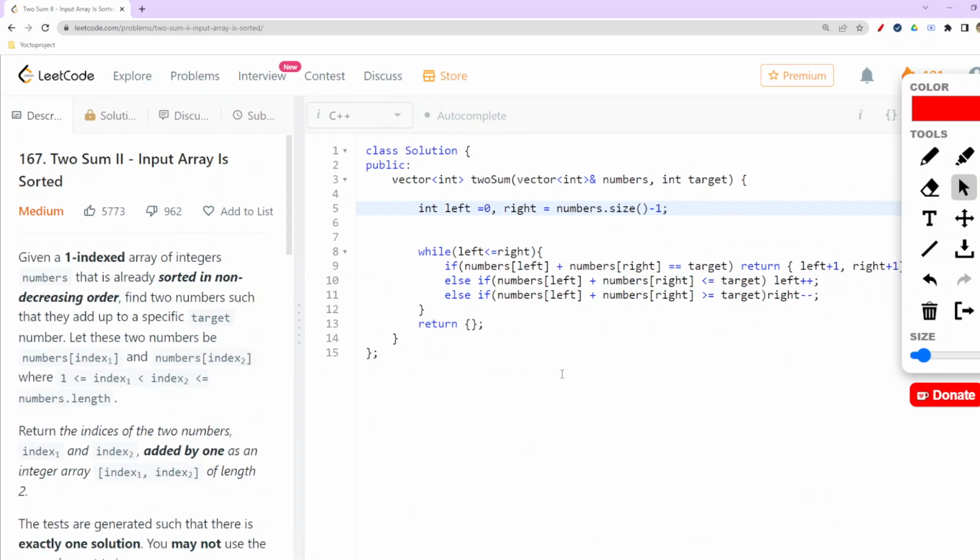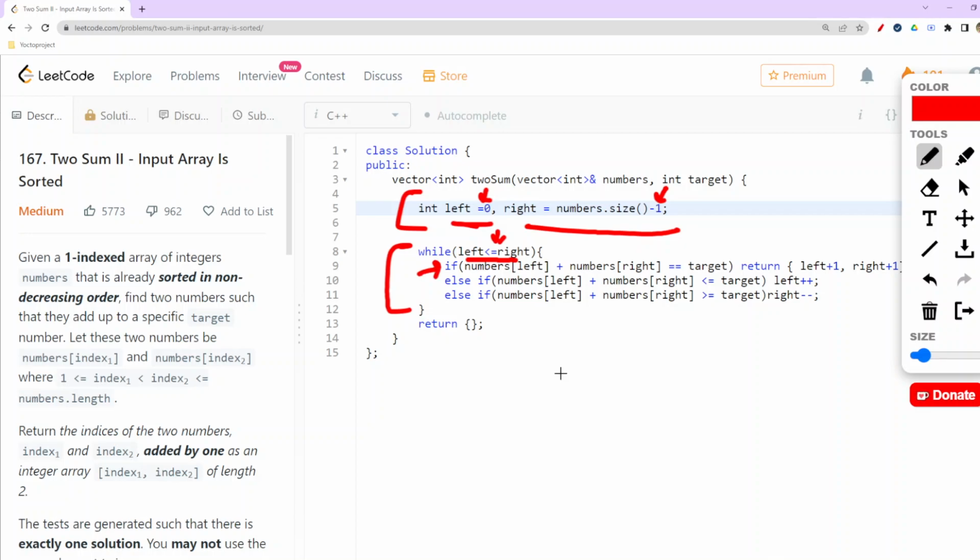Here we are using two pointers, left and right, starting from 0 and ending at length of the numbers minus 1, and then we will be using this loop. The equal condition is also something I have put here.